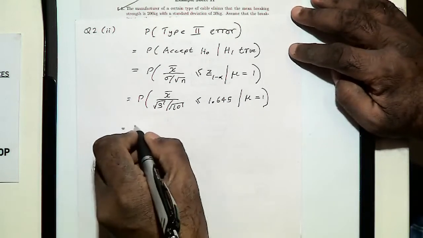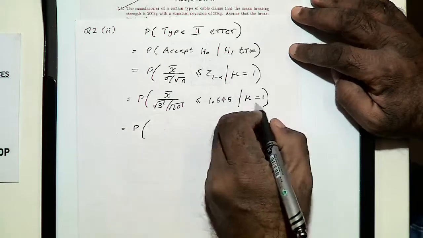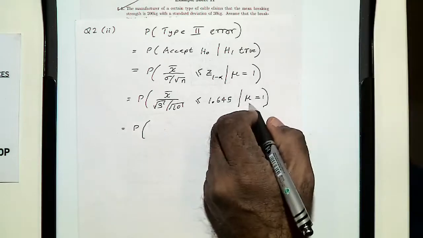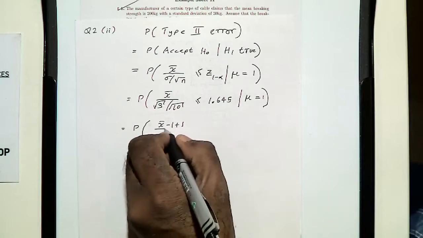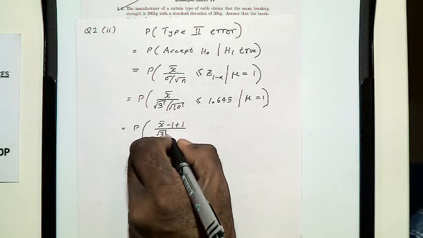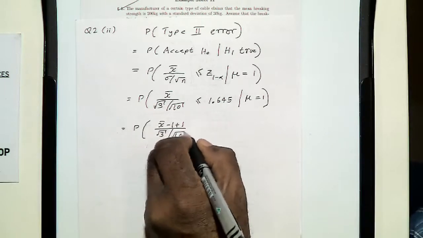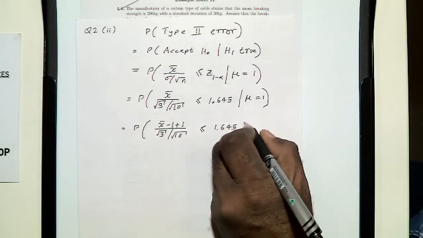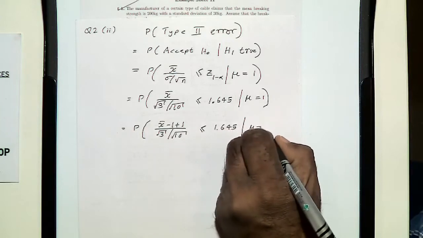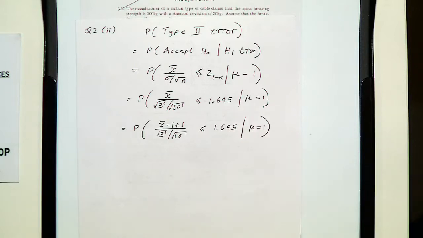Because the true population mean is 1, you can write it like this, alright?